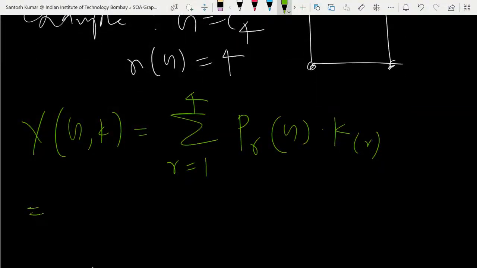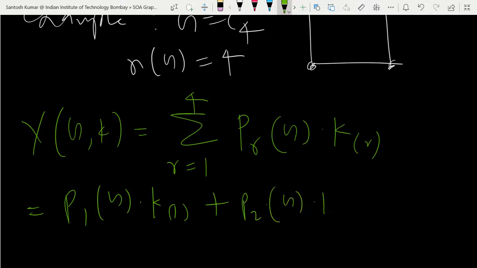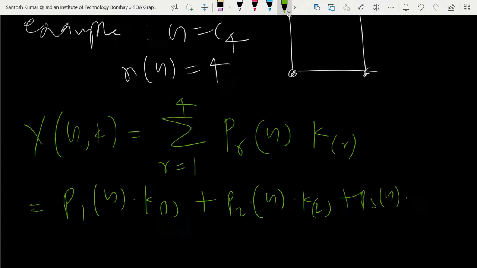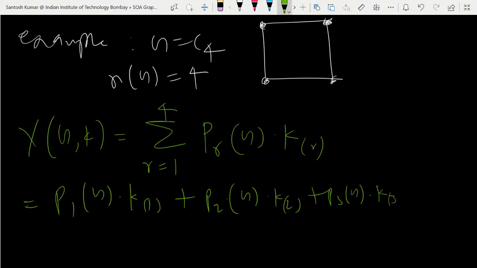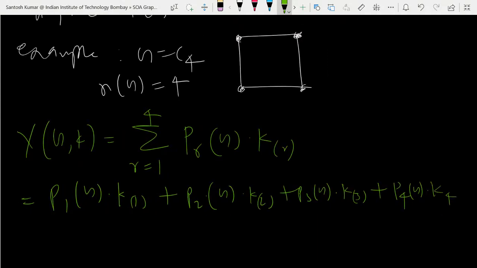If you open this, what will happen? P1 of G into K1 plus P2 of G into K2, P3 of G into K3, plus P4 of G into K4. Now K1 is like KP1.